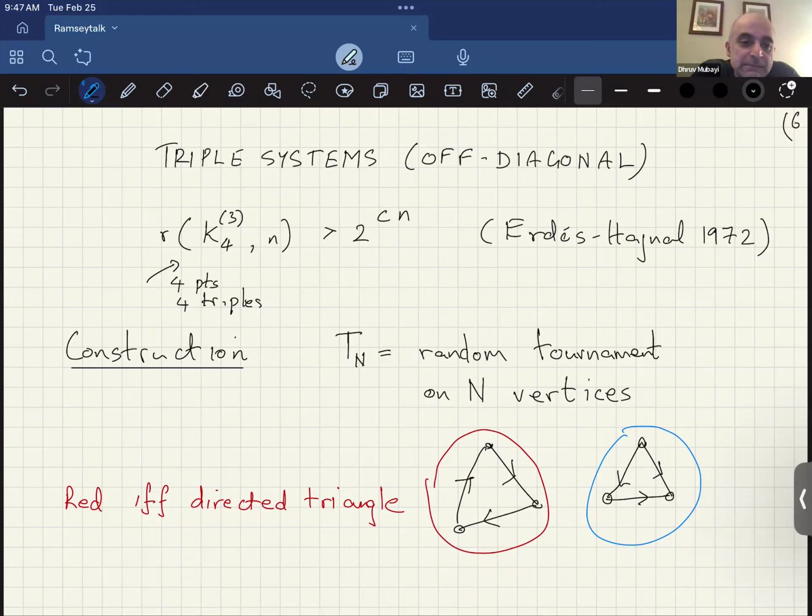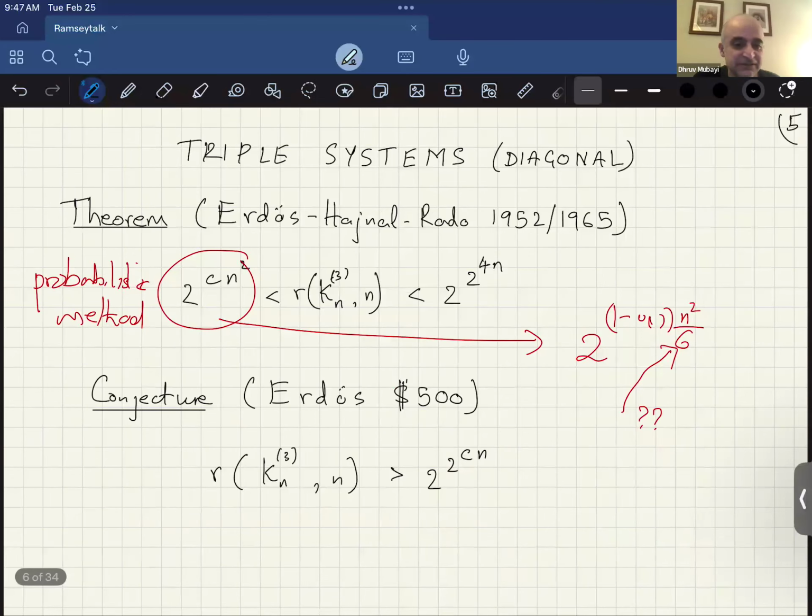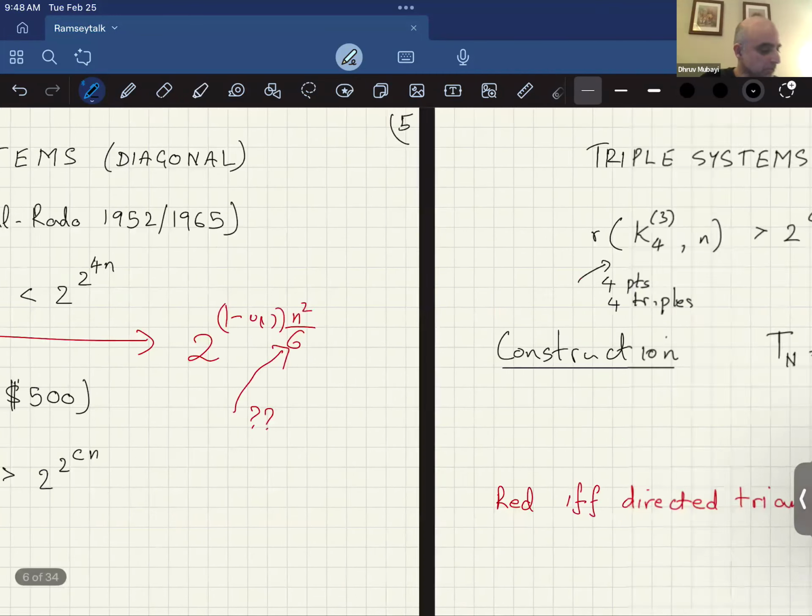Now, immediately, even for the smallest clique, which is K4, the off-diagonal hypergraph Ramsey number is already exponential. And this is another reason why I went back and said for diagonal, it could be exponential or double exponential. It's probably the case that the diagonal is way bigger than the off-diagonal. And so if the off-diagonal is already exponential, this is probably double exponential. That would be one way of justifying the conjecture. But I'll say more about this.